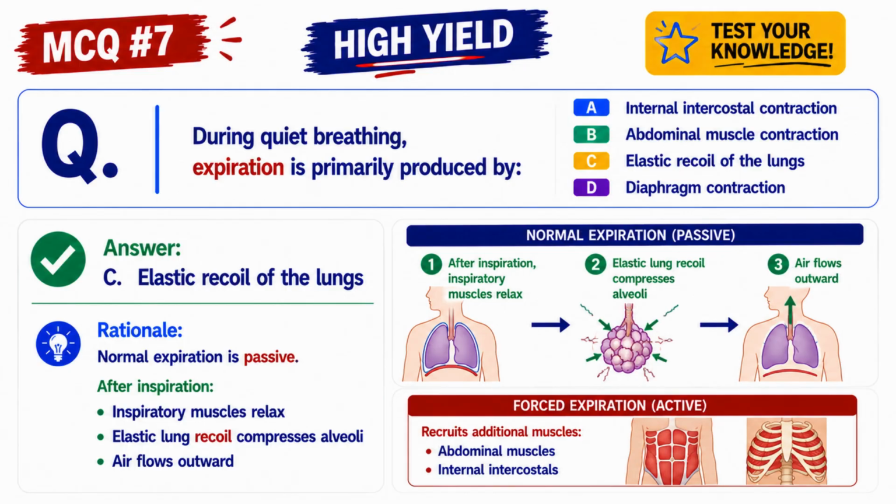And in obstructive disease, asthma, COPD, expiratory flow is limited by airway collapse and mucus plugging. Patients must actively use their expiratory muscles even for quiet breathing, dramatically increasing the work of breathing. Normal expiration, passive, elastic recoil. Forced expiration, active, muscle work.